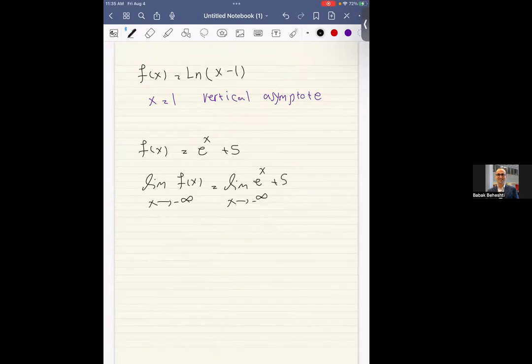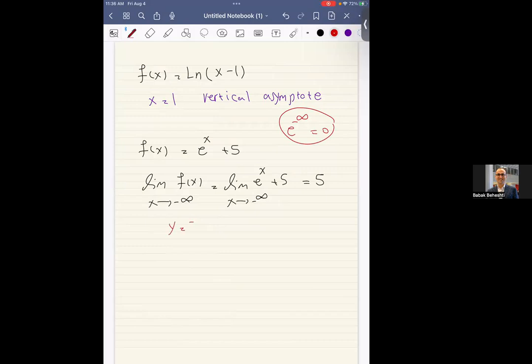Remember that e to the power minus infinity is 0. So e to the power x plus 5 as x goes to minus infinity is just 5. Now the horizontal asymptote is y equal to 5.